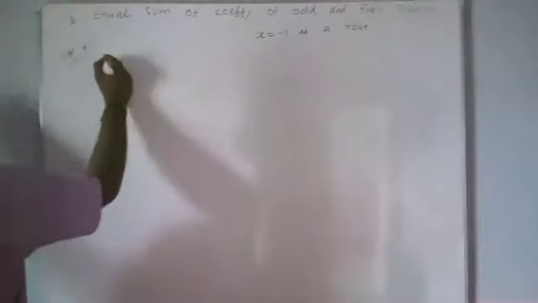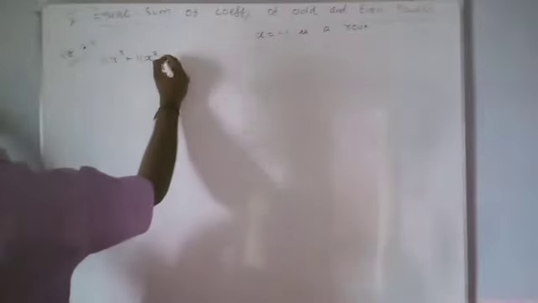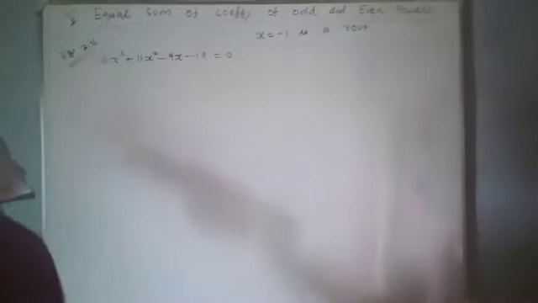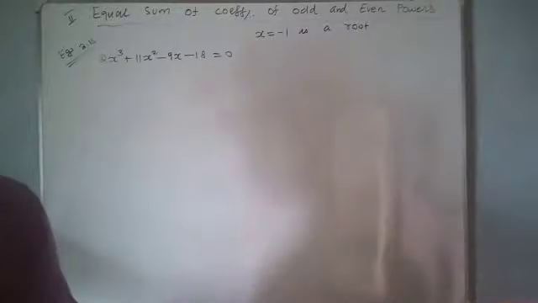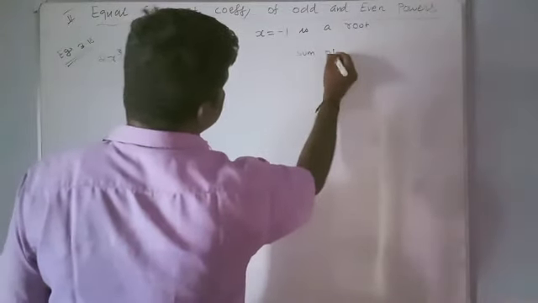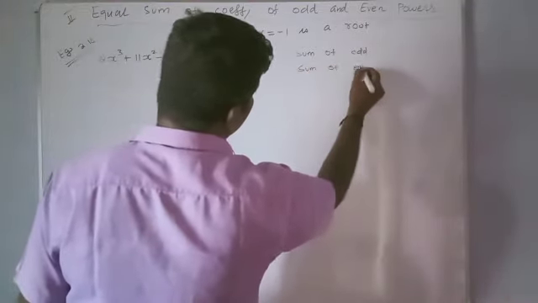Now we discuss example 3.18. Solve the equation 2x cube plus 11x squared minus 9x minus 18 equal to 0. Here, sum of the odd and sum of the even coefficients.